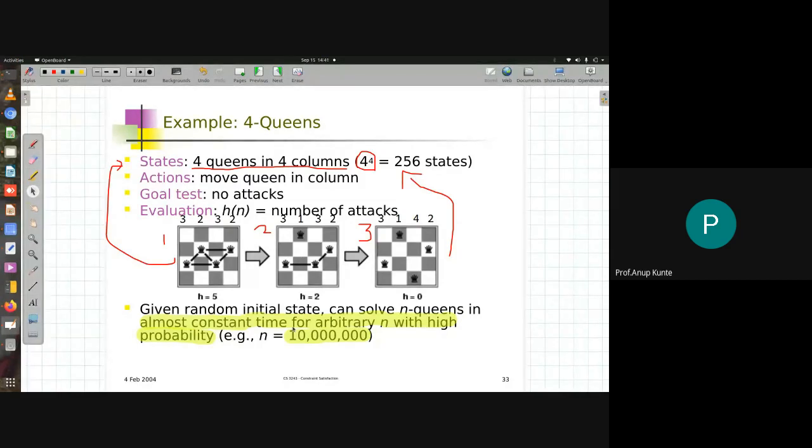Again, there won't be a single global minimum. I may have multiple configurations available. So this is one of the solutions to the 4 queens problem. There is a second solution to the 4 queens problem as well. So I may not always get to this solution. If I start randomly, I may get a different solution as well.